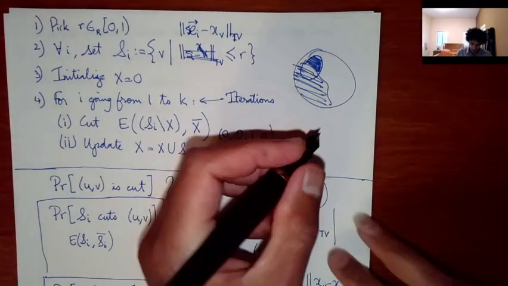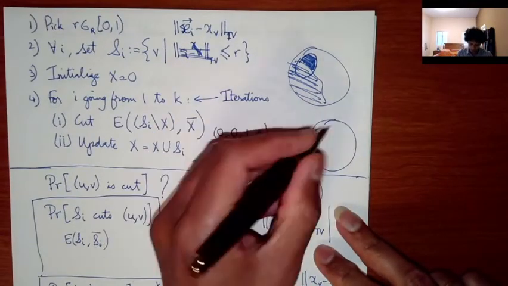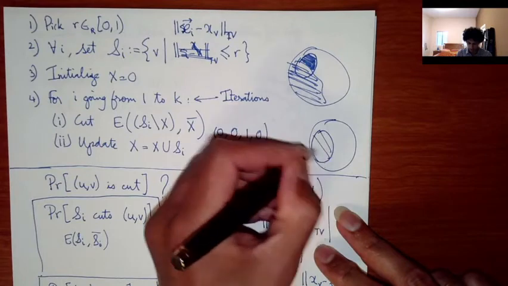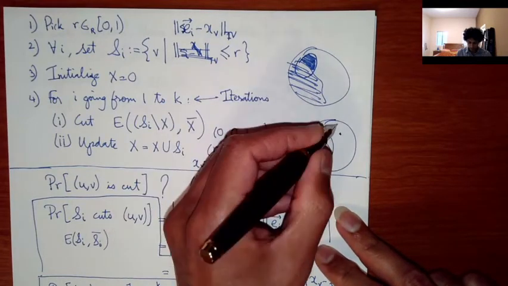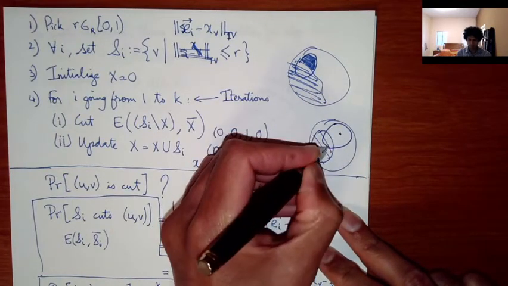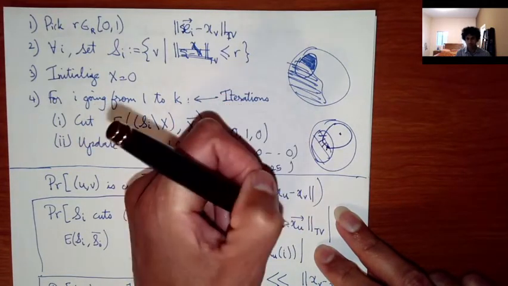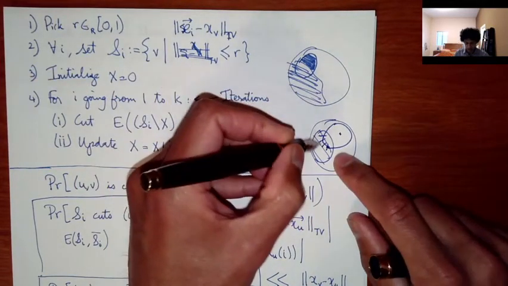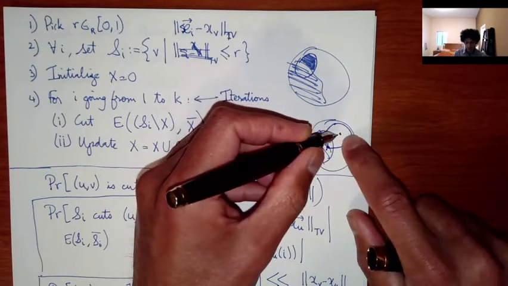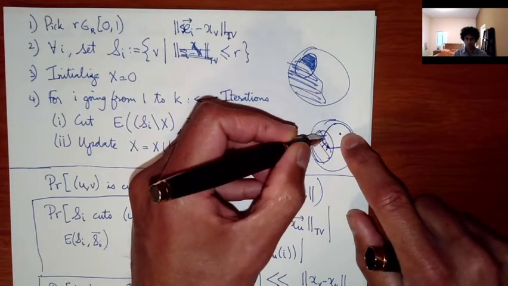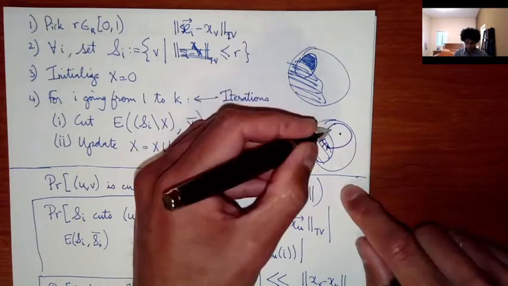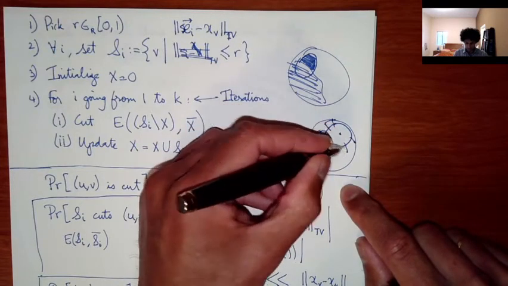Think of it as clustering, and you've removed this cluster. Now let's say from this vertex, the cluster looks like this. Why should you remove these edges? They're already disconnected. All of these vertices are already disconnected from here. So removing these edges is wasteful. You only need to remove these edges.